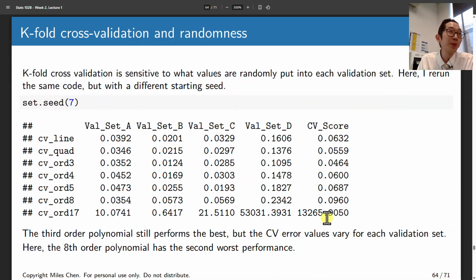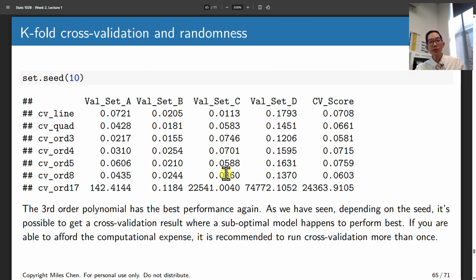The 17th order polynomial also performs very terribly again, okay? And so the 3rd order polynomial performs the best here, and the 8th order polynomial performs second to worst, okay? And so k-fold cross-validation is subject to randomness, okay?